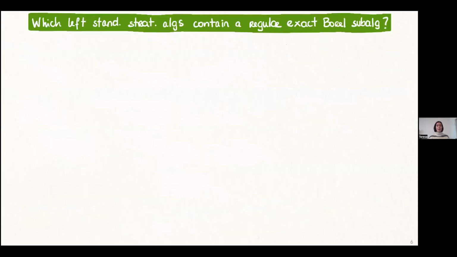Now, as I mentioned before, not every left standardly stratified algebra has an exact Borel subalgebra. So we may ask which of them do have such subalgebras. And there's a relatively simple answer to this question.